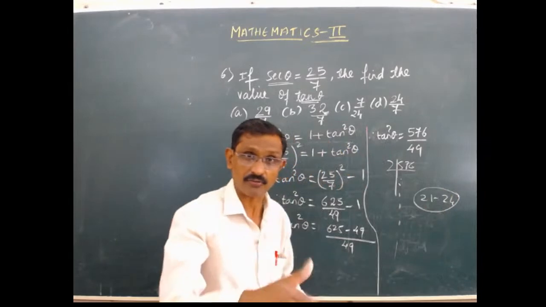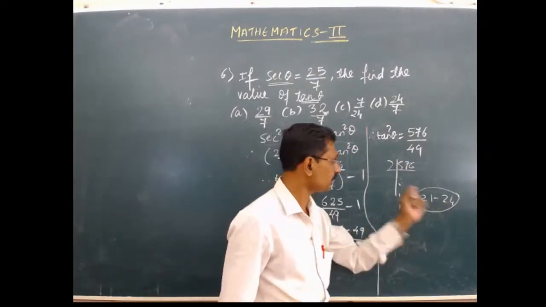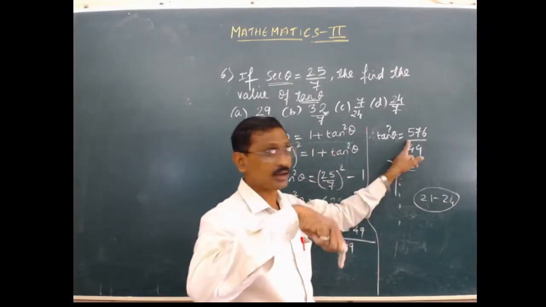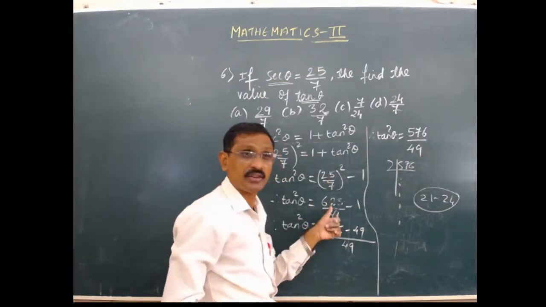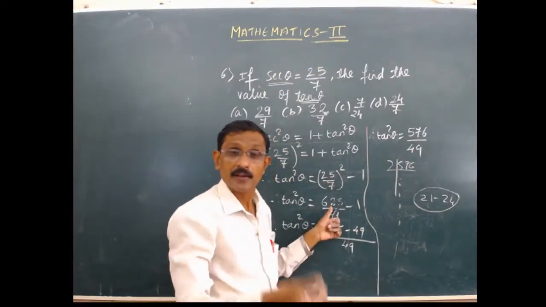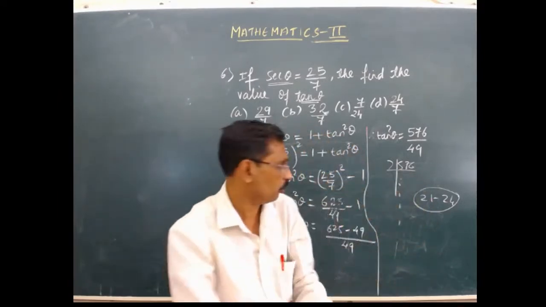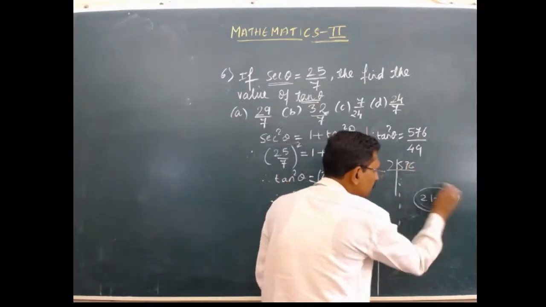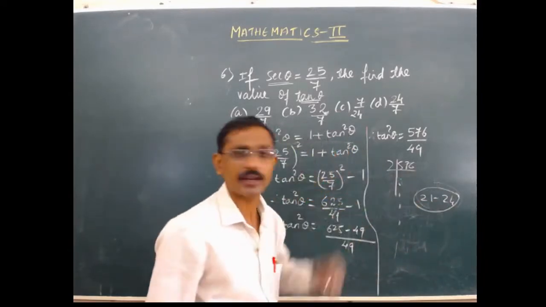See, this is the trick of doing it. Don't find the factors. This is the trick. 10 into 10, 100, 20 into 20, 400, and 25 into 25, 625. That means in between 21 to 24, I will be getting this.